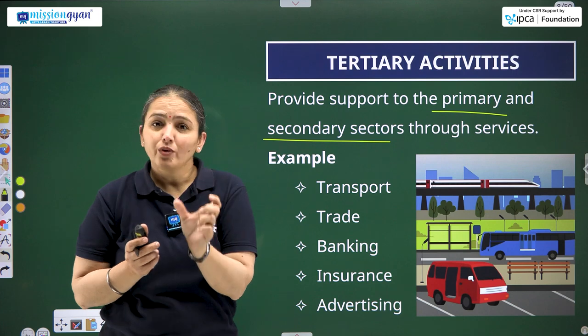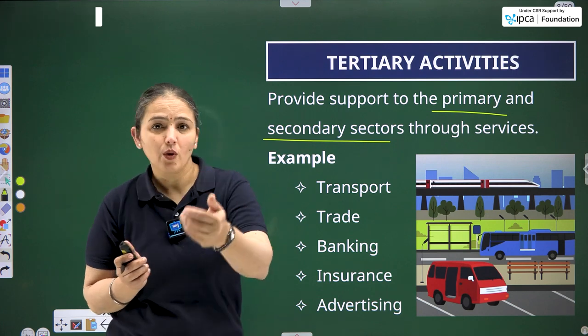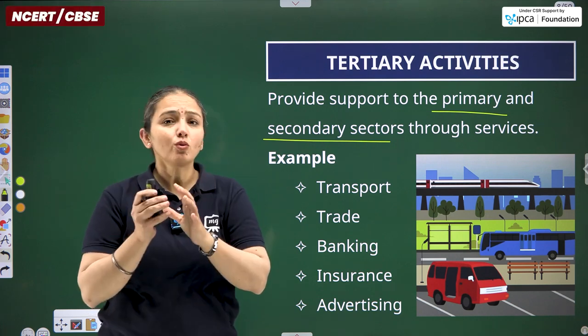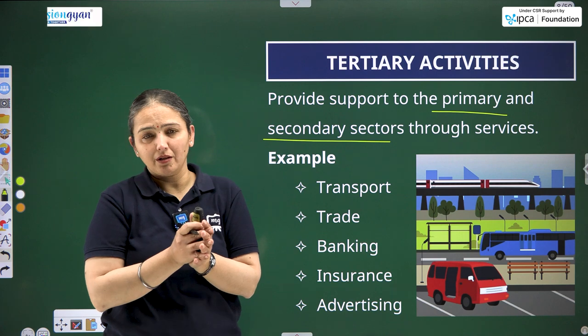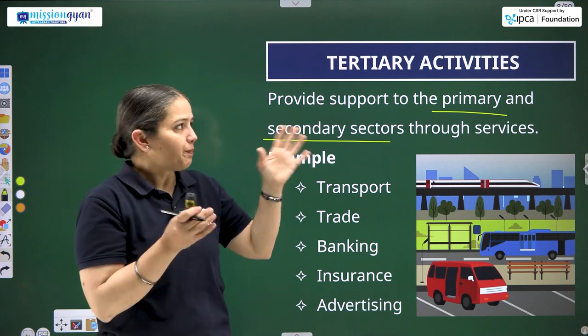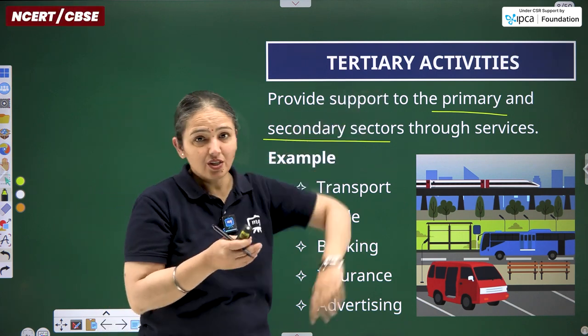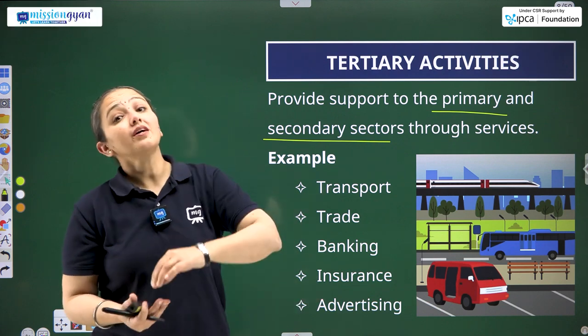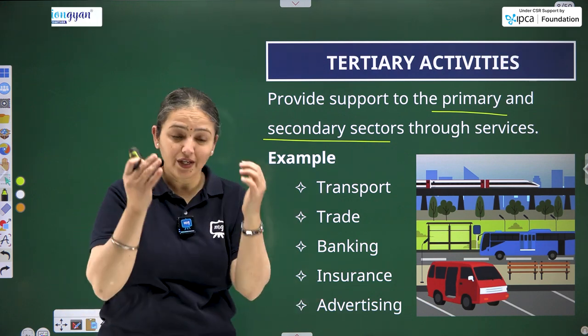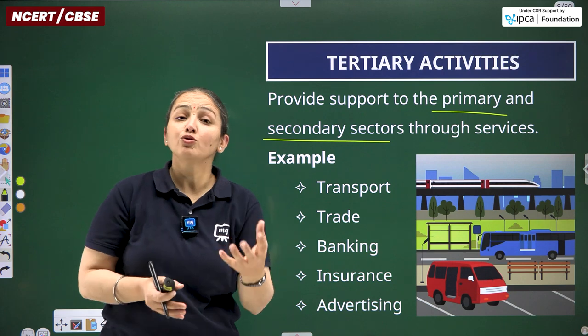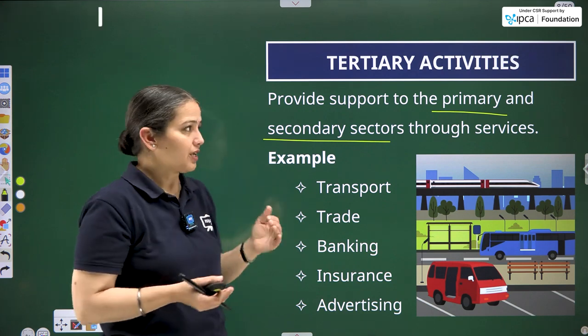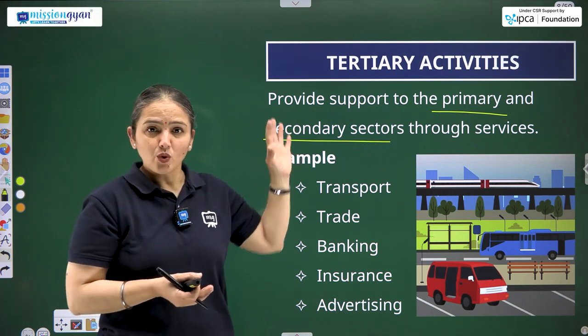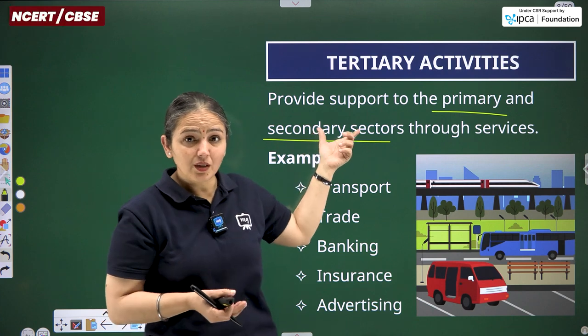When a ready-to-use product is sold in the market, who is earning on that? The people involved in the tertiary sector are earning. But from where are they obtaining the ready-to-use goods for selling? They are obtaining them from the secondary activities. So isn't it providing a base for the secondary activity?